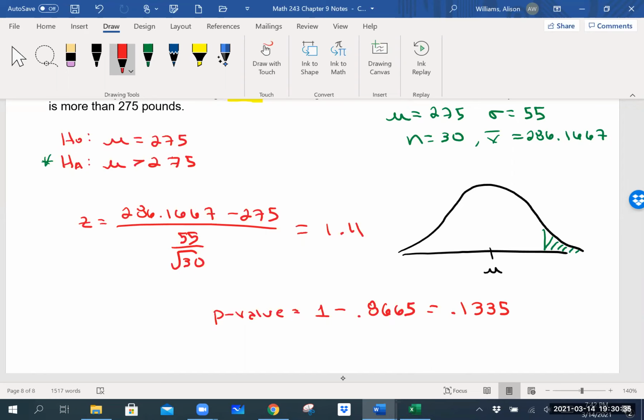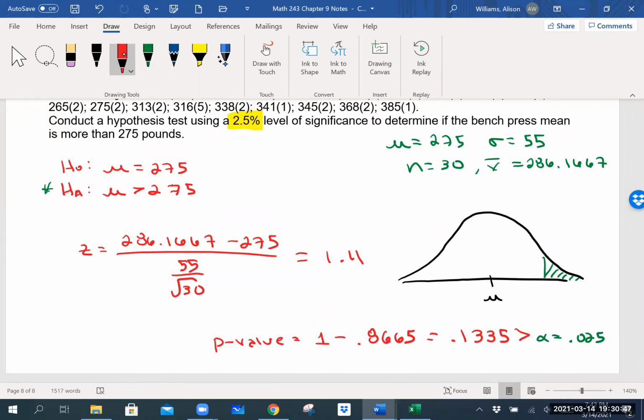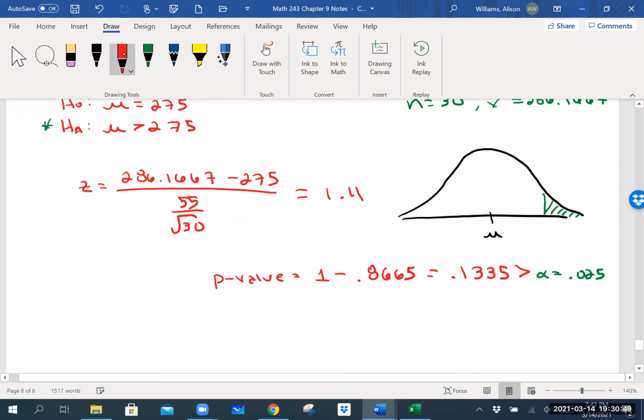Now comparing that to alpha, I'm just going to compare that to the alpha of 2.5, so 0.025. This one's definitely bigger. So we would not reject in this case. So in this case, we fail to reject. That's sometimes the language that gets used, or do not reject is another language that gets used. Same idea.